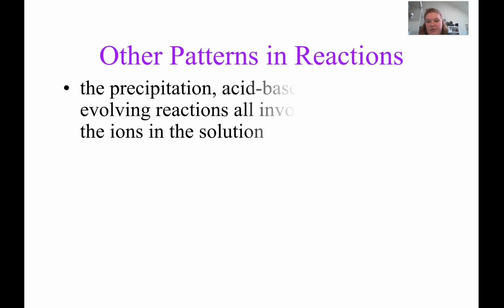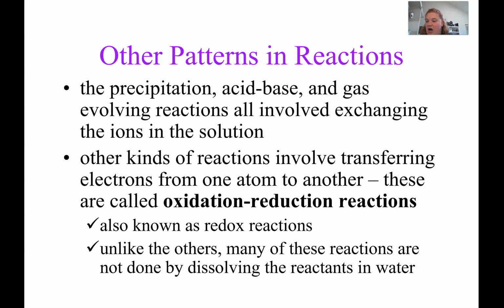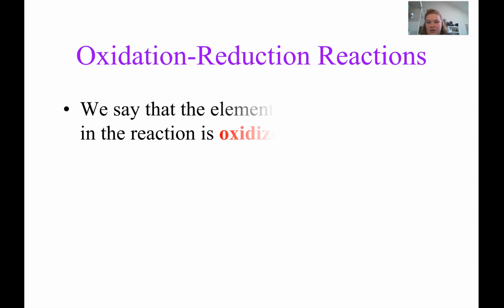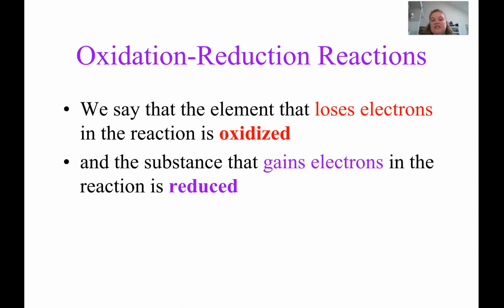There's one more type of pattern that we need to be able to identify in a reaction, and this is called an oxidation-reduction reaction. It's often abbreviated as just redox. And these ones fall into their own category because they don't have that same switching pattern that we just saw. In an oxidation-reduction reaction, there's one element that's being oxidized, which means that it's going to lose electrons, and one element that's being reduced, and that means it's going to gain electrons.